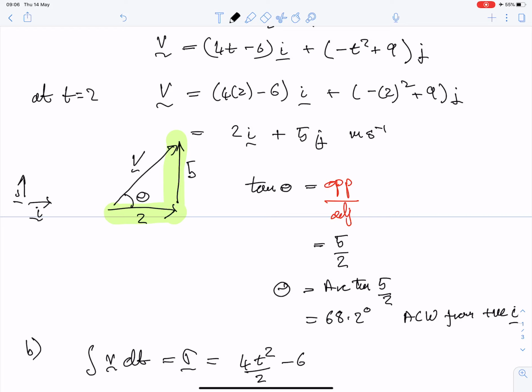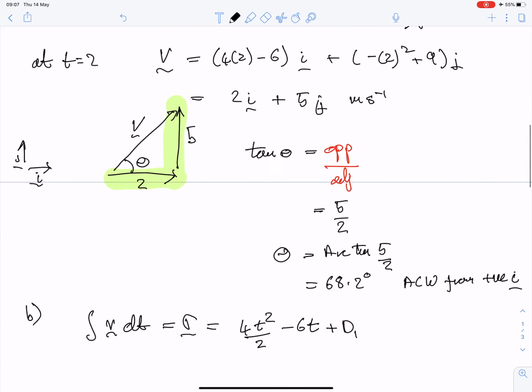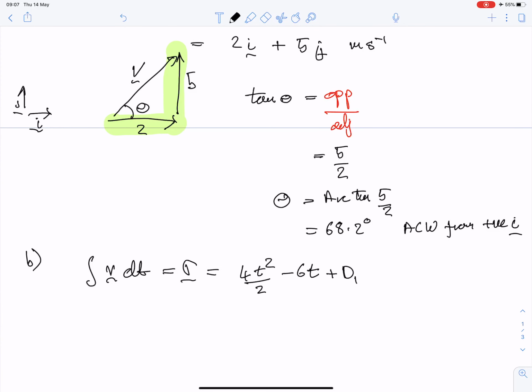Minus 6, the integral of negative 6 is negative 6t. And then we need a constant of integration plus, I shouldn't use C because I've already defined C1 as a value last time. Last time it came out as -6, so I need to use a different letter. So I'm going to call it D1, lots of i.